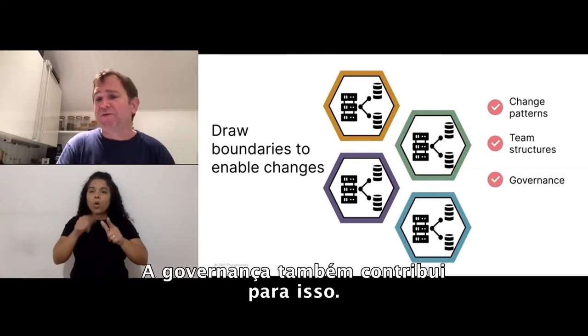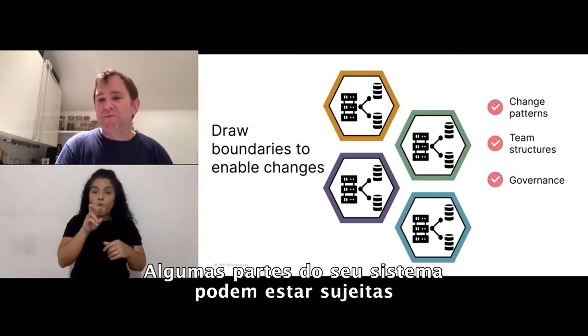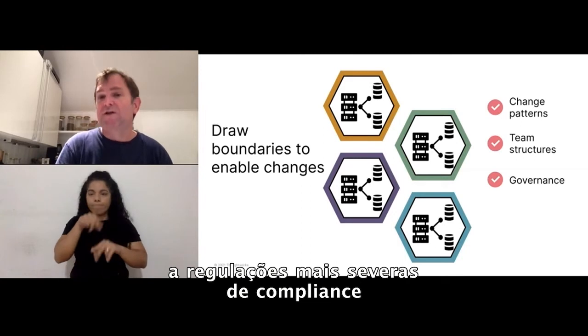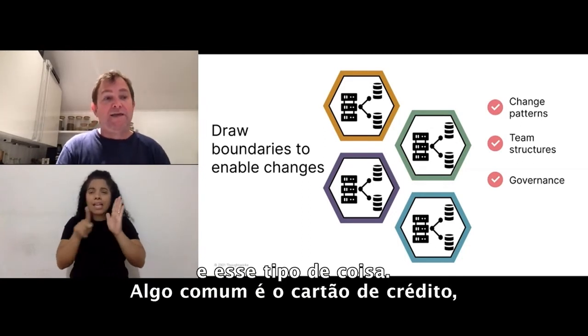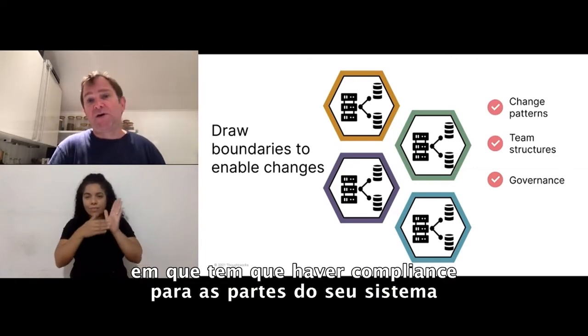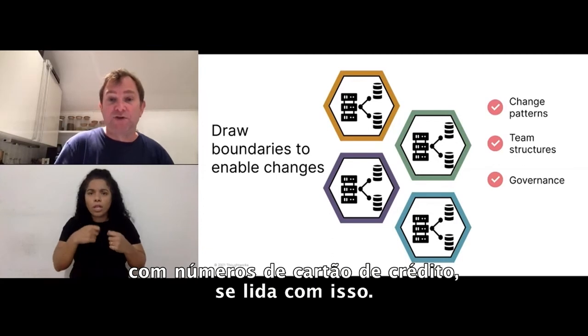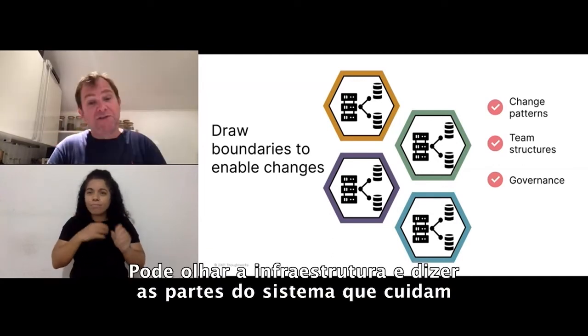Governance also plays into it. So for instance, some parts of your system might be subject to stricter compliance regulations. A common one is credit card handling, where you have to have PCI compliance for the parts of your system which are handling credit card numbers. And so you can look at your infrastructure and say, which parts of our system are handling those?